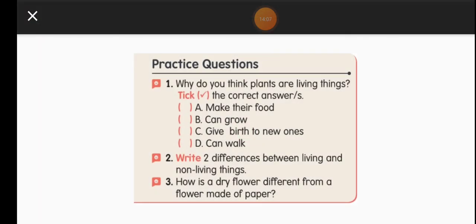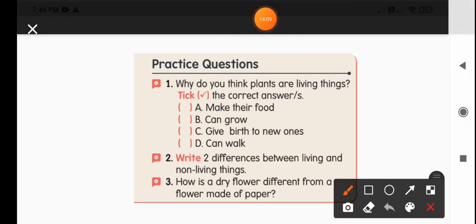And now we will see the practice questions what are given in textbook. So here, why do you think plants are living things? You choose the correct answer and put a tick mark how it has shown here. Option A, make their own food. Are the plants making their own food?